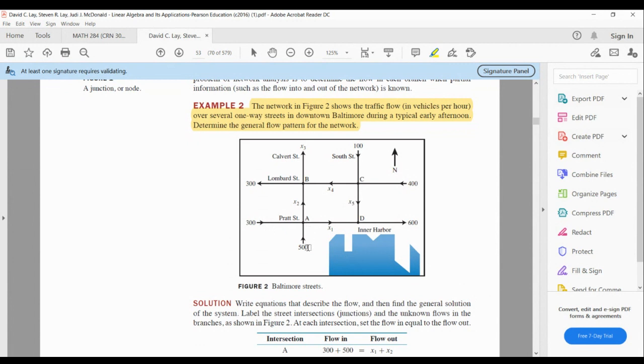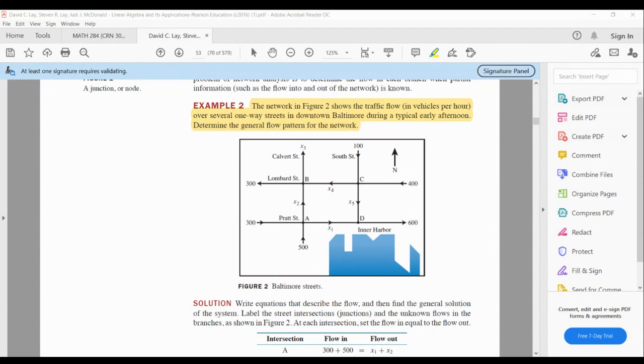How many vehicles per hour are coming into junction A on Calvert Street in this diagram? How many vehicles are coming to that intersection from Calvert Street? That's right, Benjamin. 500.